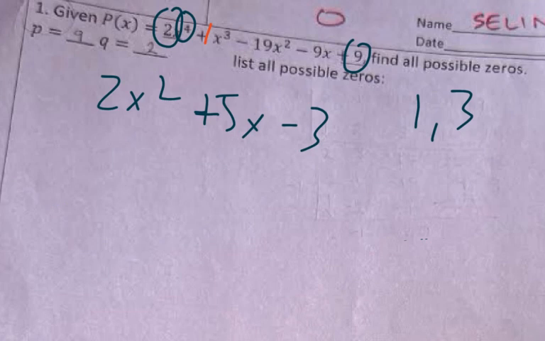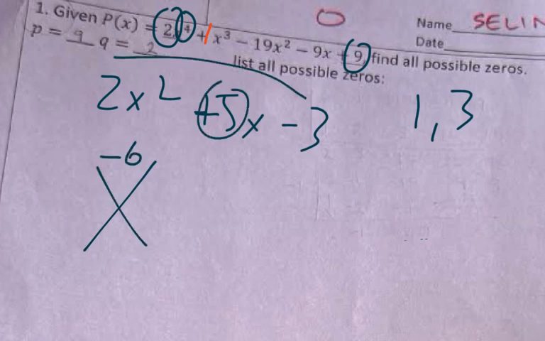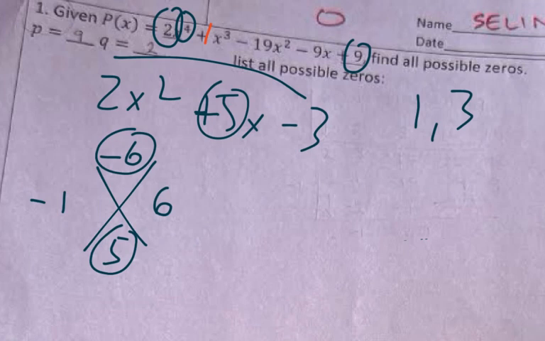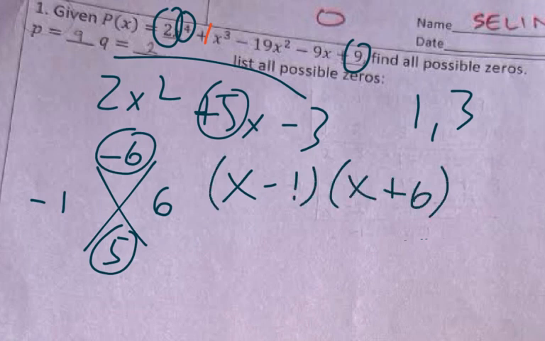Now, let's see here. If I do the x method, I know 2 times negative 3 is negative 6, and I need this 5 in the middle. How about we do 1 times 6, because 6 minus 1 is 5, and 6 times negative 1 is negative 6. Aha! So this tells me, therefore, I have x minus 1 and x plus 6.